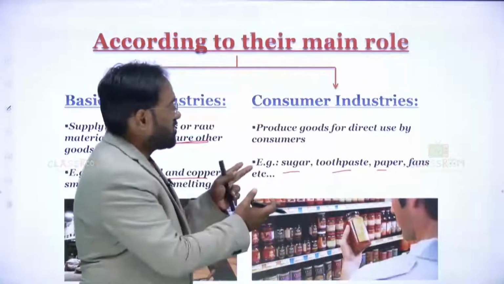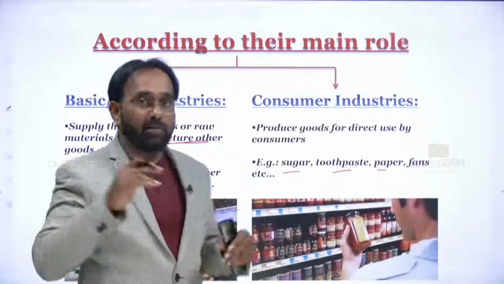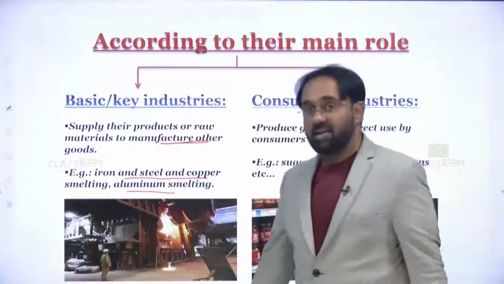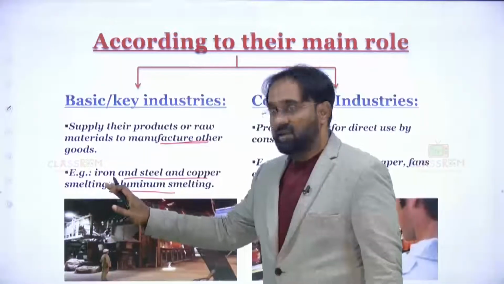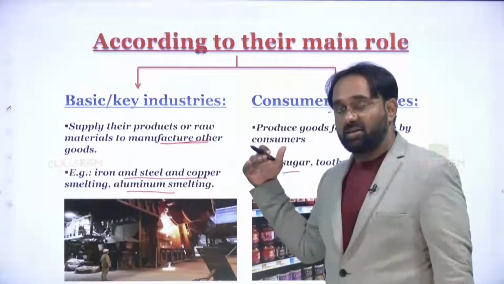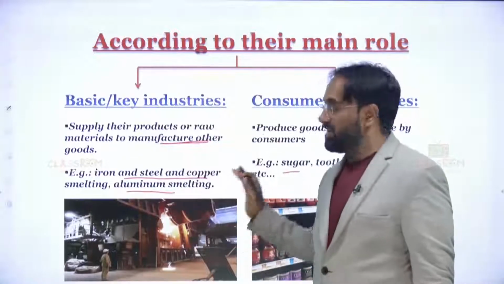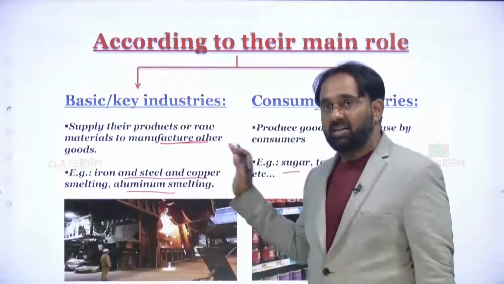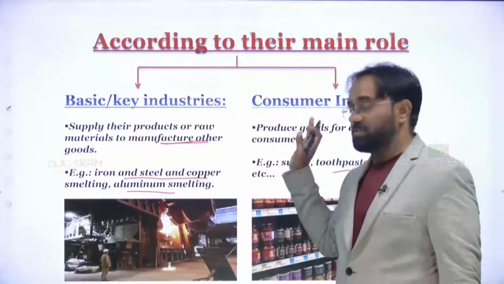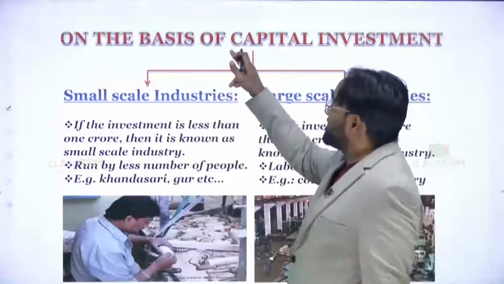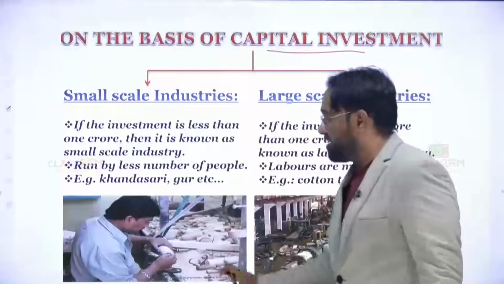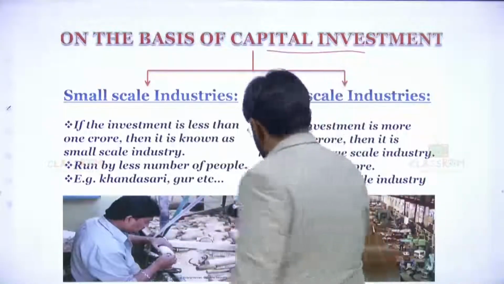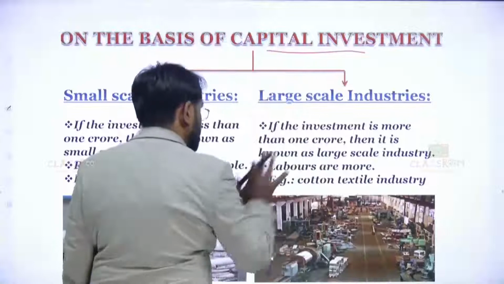But these consumer industries are dependent on basic and key industries. Key industries supply the materials for the consumer industries, which assemble and manufacture everything and sell directly to consumers. On the basis of capital investment, small scale industries: see this person, and you can see this entire unit.